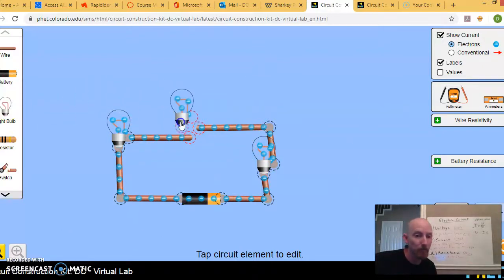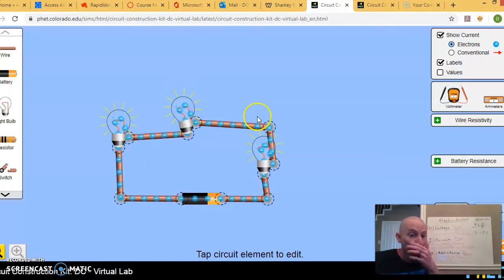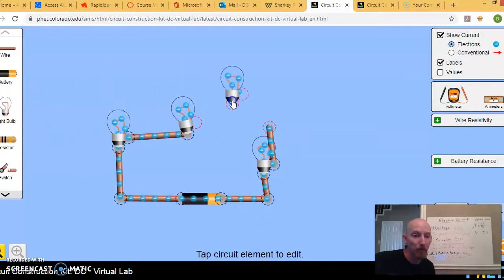Put a bulb back in here. Uh-oh. Crazy. There we go. So notice the speed at which these little suckers move. They're not moving very fast. And the thing about this is, let's say if I plug in another bulb, then what will happen?